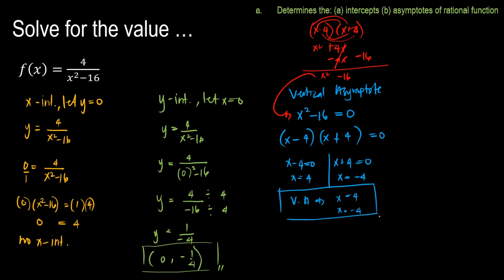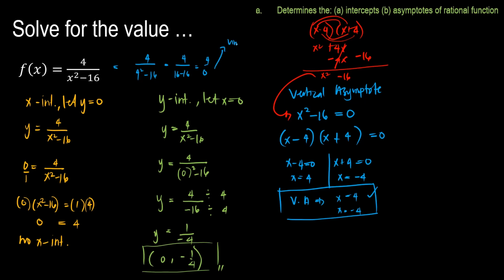Okay? When we say vertical asymptote, these are the values of x or the values of the domain that will make our function undefined. Okay, if we are going to input this on our function, given that f of x is equal to 4 all over x squared minus 16, let's try the positive 4. Positive 4 squared minus 16, we will have 4 all over 16 minus 16, we will have 4 all over 0.